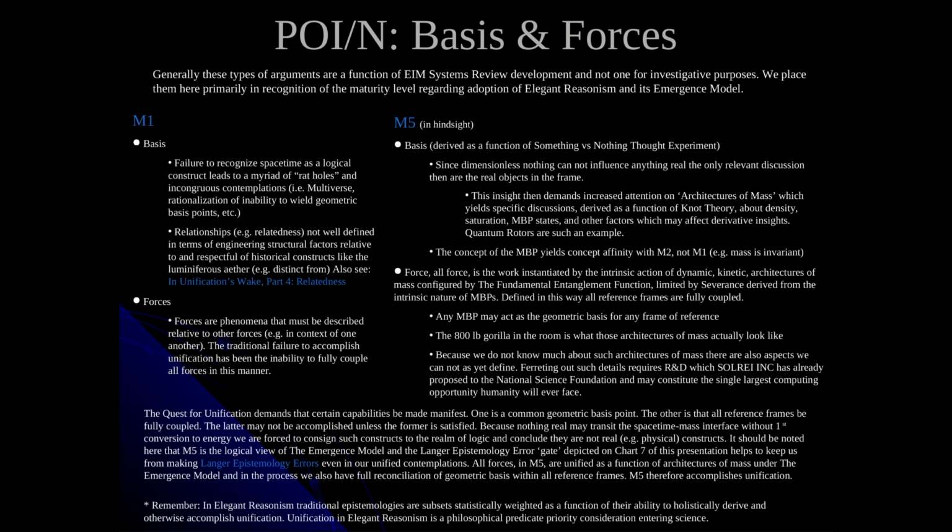And in order to do that, we have to understand a lot about the systemic nature of these different abstractions, their relatedness, and how that relatedness flows back up through the interpretive model or the EIMs that are represented here. The traditional failure point to recognize unification is the inability to employ a common geometric basis point.